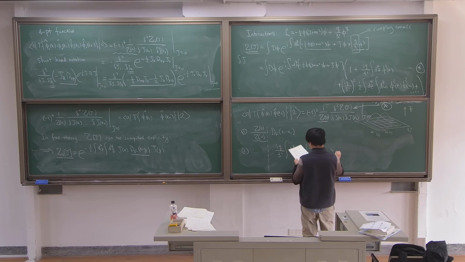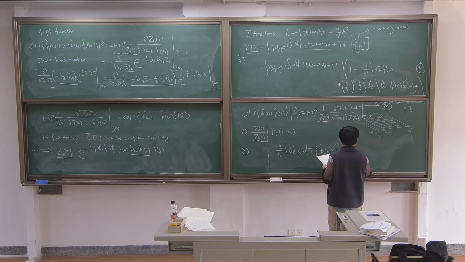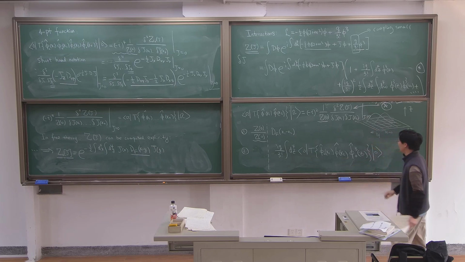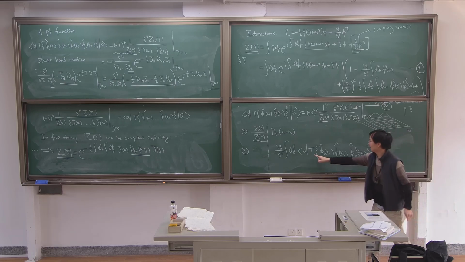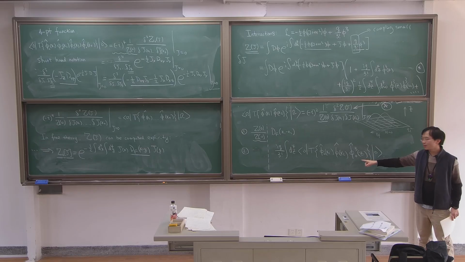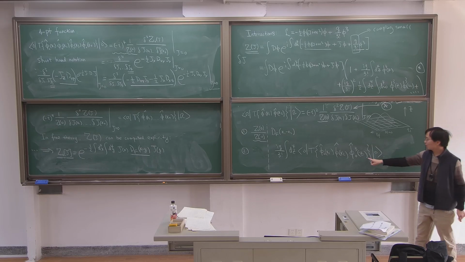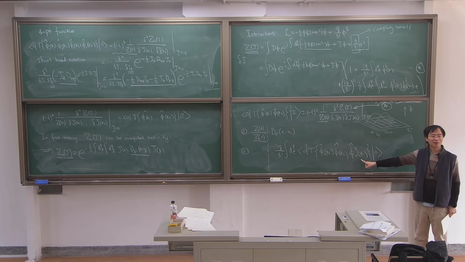So for the second, what you have is a time ordered 5-point function for the free theory, but 3 of them located at the same point, right?